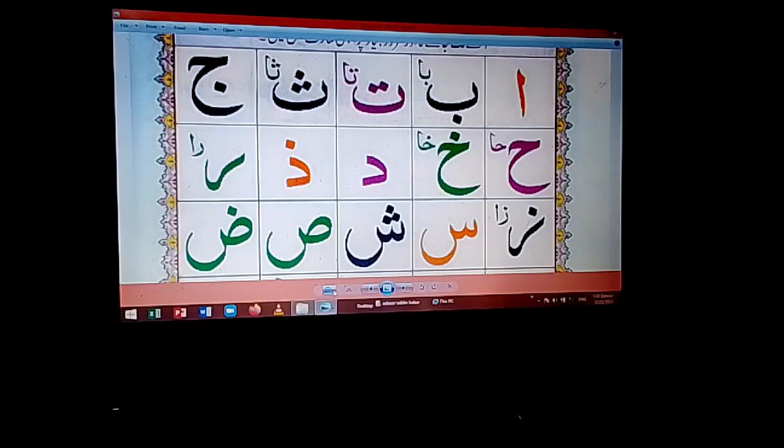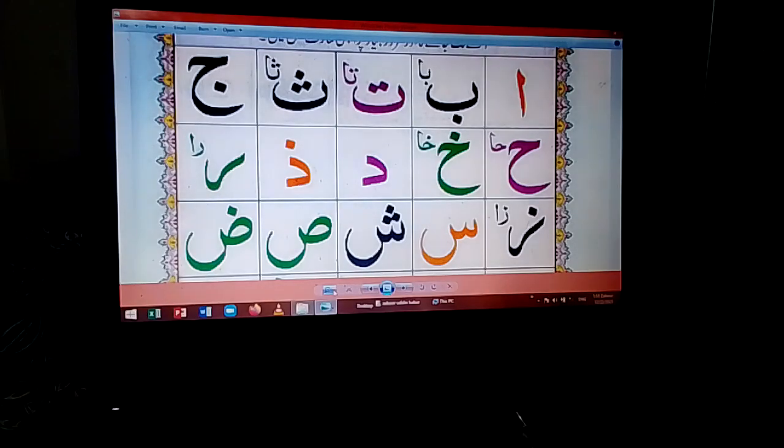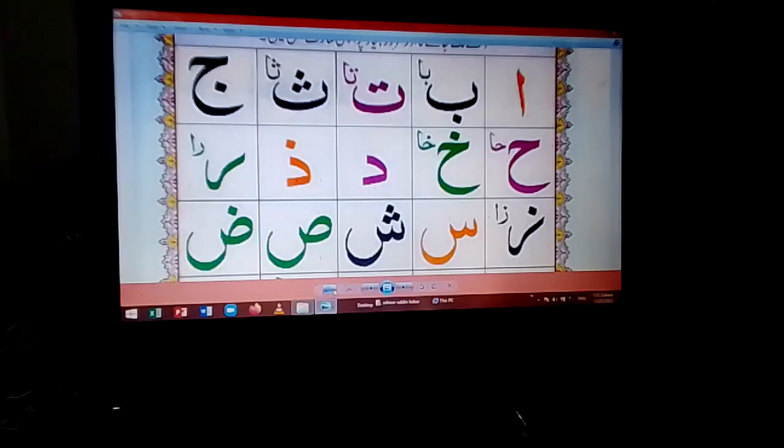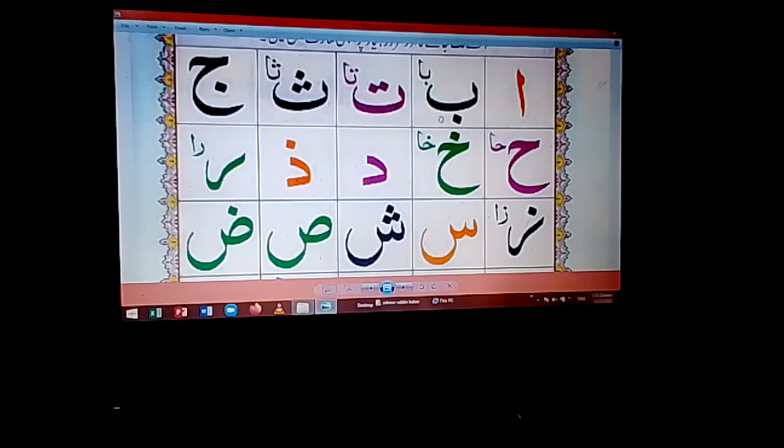Ba, ta, tha are three similar in shape, but the dot is the main difference, with the help of which we can change from ba to ta and ta to tha.